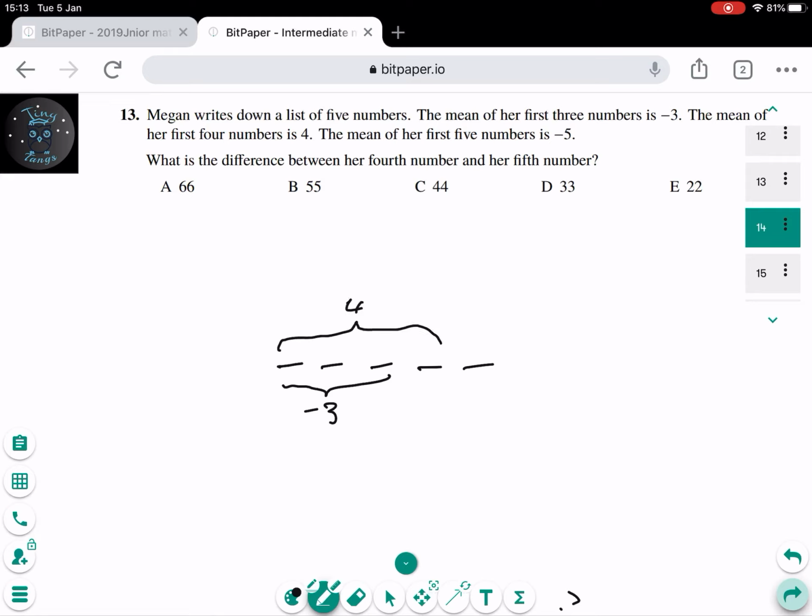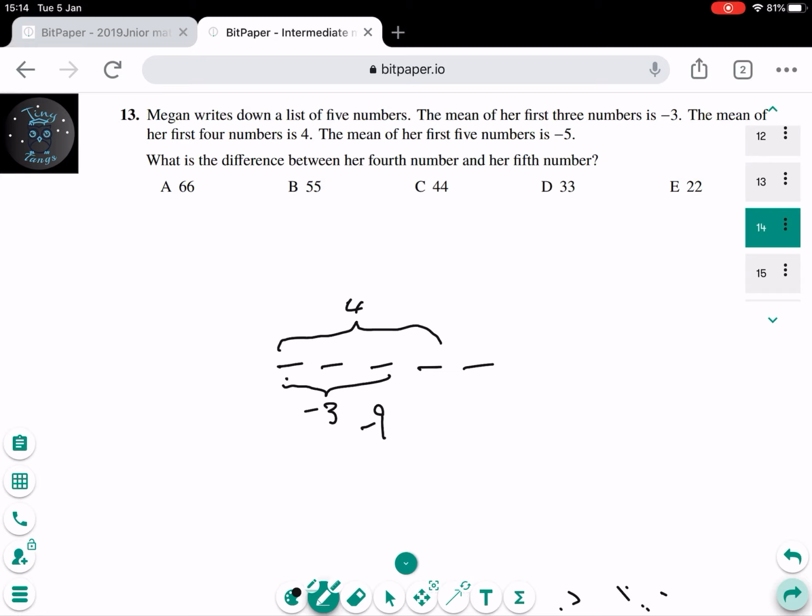If we have a mean of -3, these 3 numbers add up to -3 times 3, which is -9.